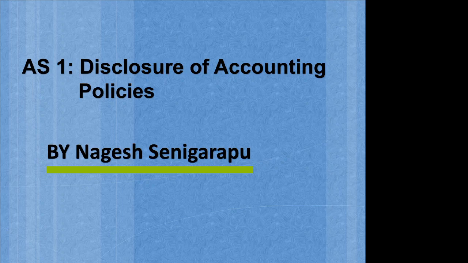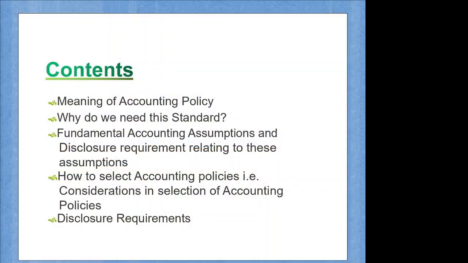Hi friends, today we are going to discuss Indian Accounting Standard 1, which relates to disclosure of accounting policies. So what are we going to study? What is meant by accounting policy? What do we need this accounting standard for?